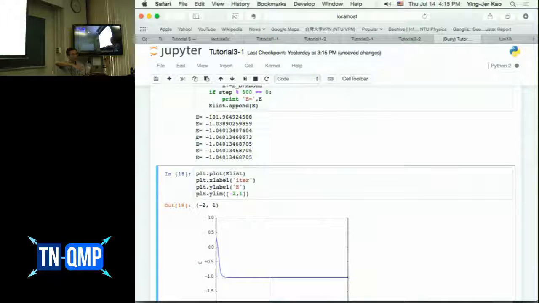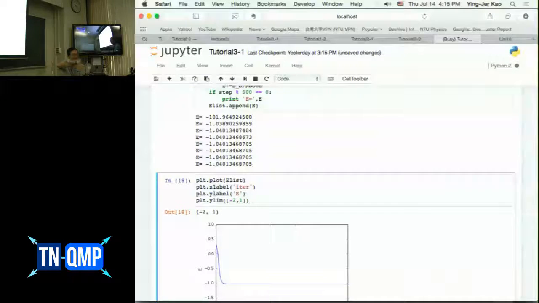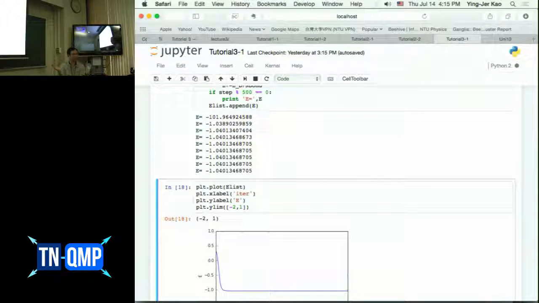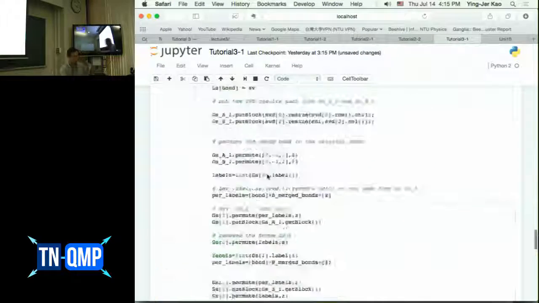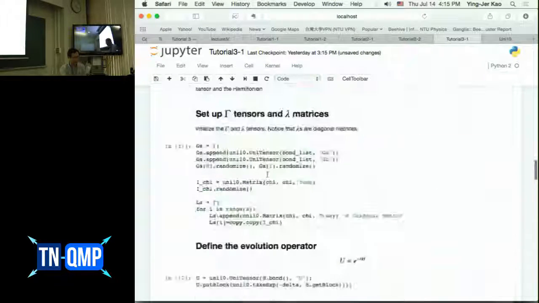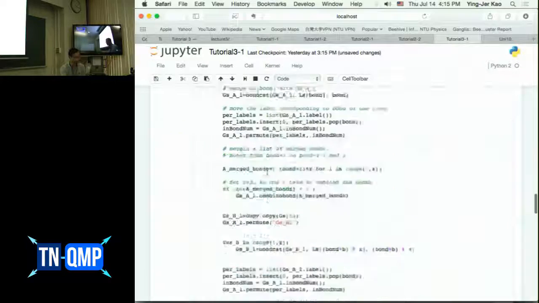The first part is to get the wave function, and the second part is to get the expectation value. It boils down to getting the best tensor you can to describe the ground state wave function, and using this tensor to contract your tensor network to get, say, the energy or magnetization, and so on. This part of the tutorial is just the first part, to get the tensors.